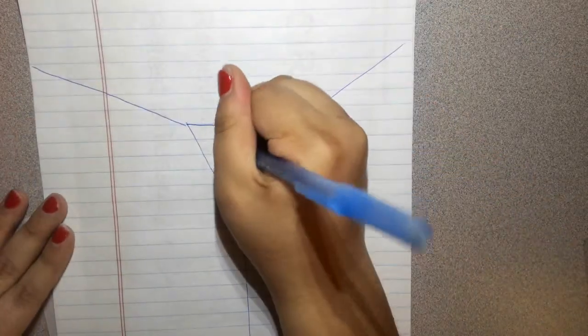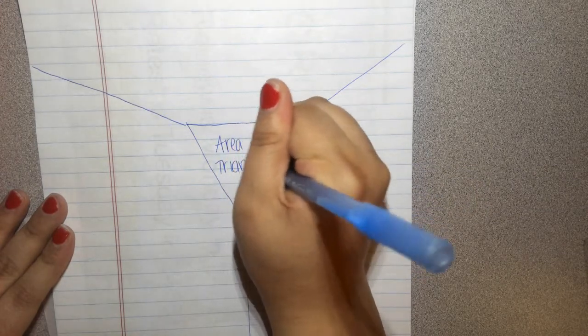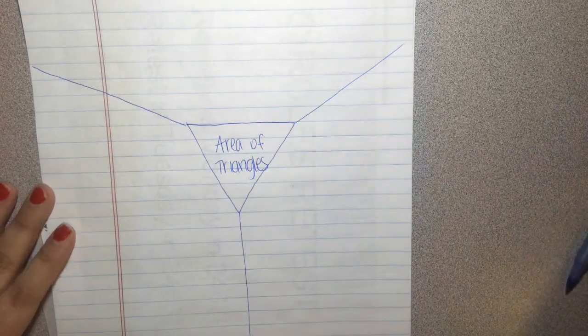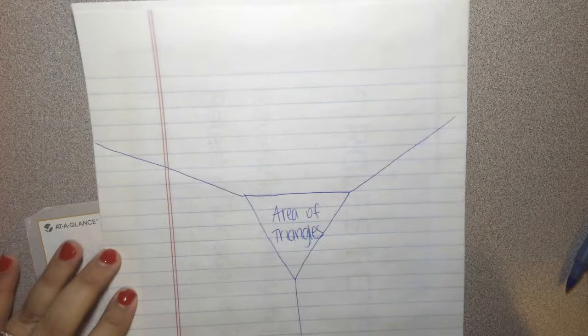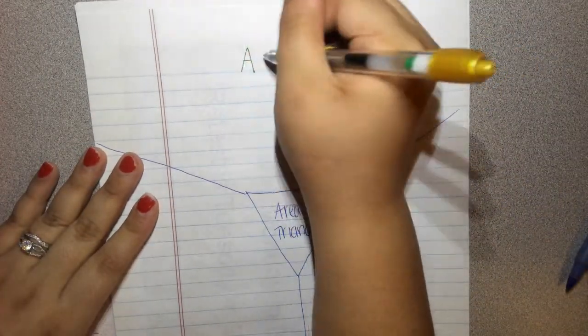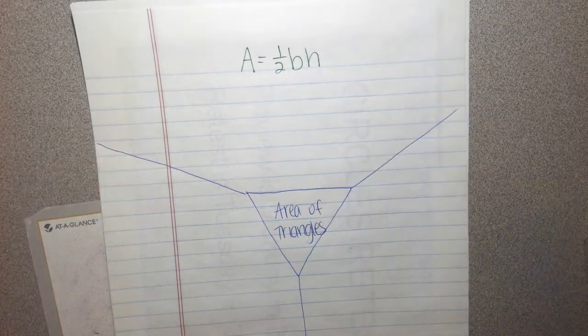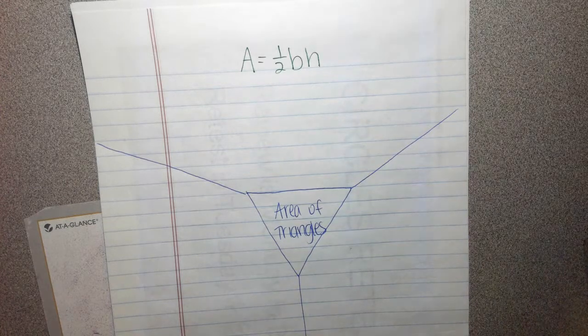Sorry, it's lopsided. Okay, so the formula y'all know by heart for area of triangles is area equals 1/2 base times height. So I'm going to do 3 different examples for this one.